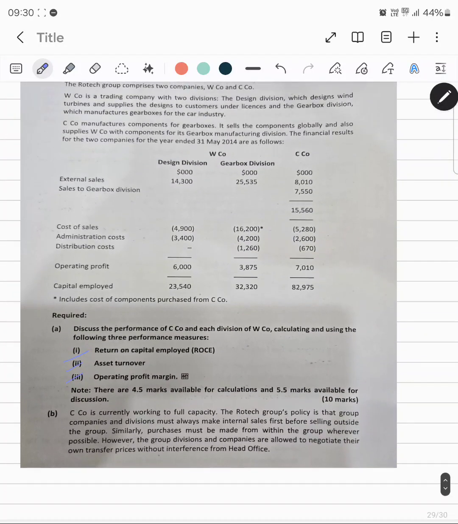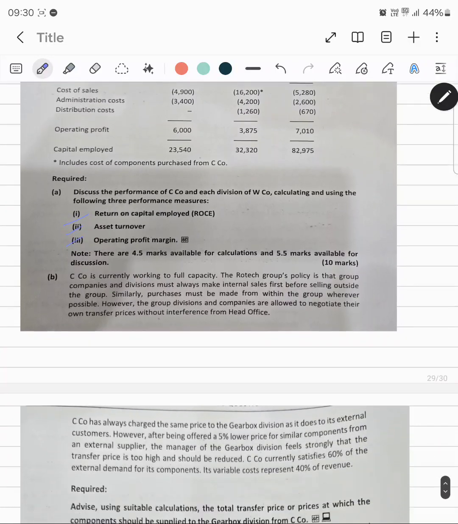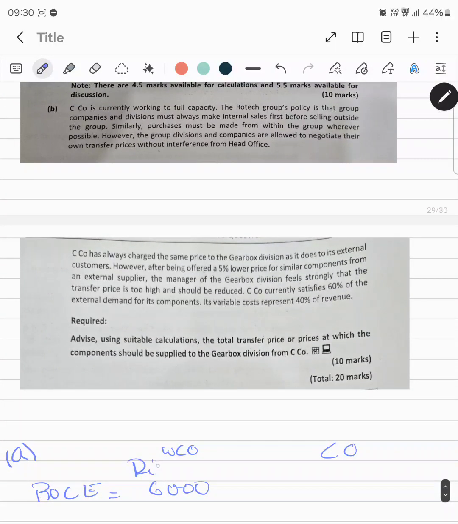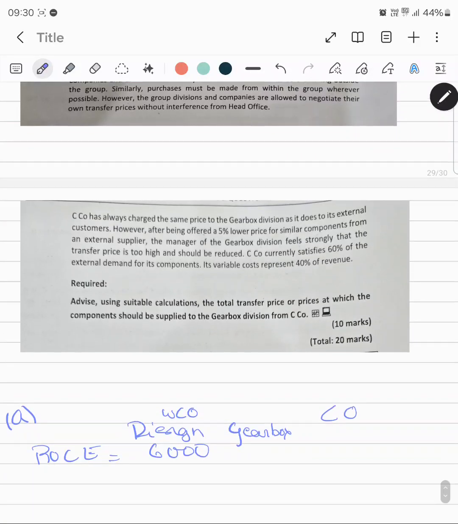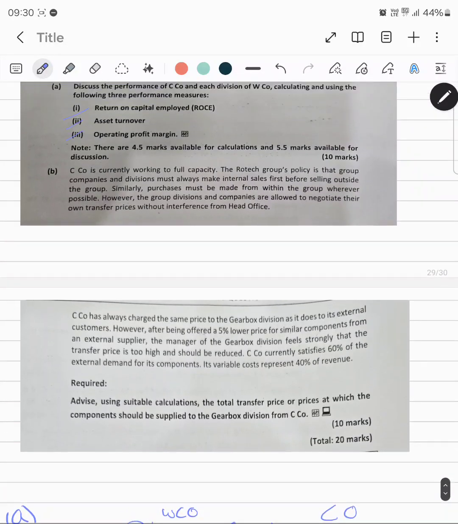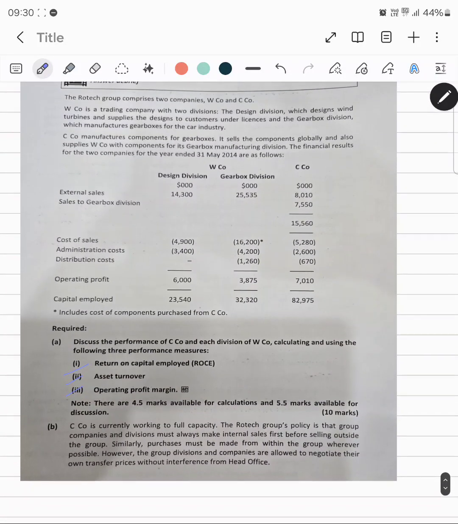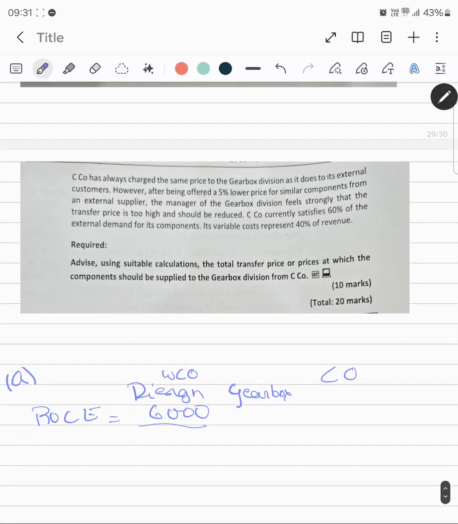It has two divisions basically, the design division and gearbox division, so I'm calculating this for design and then we'll calculate for gearbox as well. So 6,000 which is my operating profit, and the capital employed is 23540.